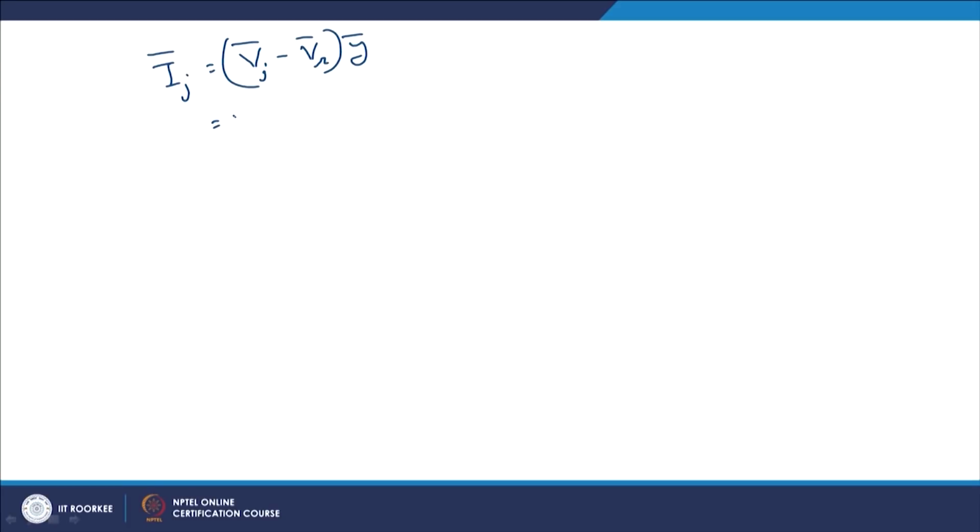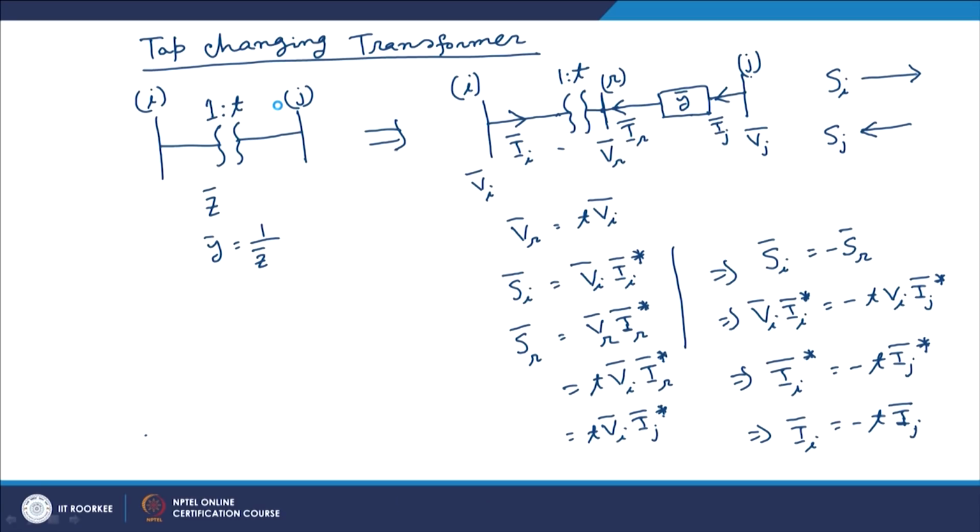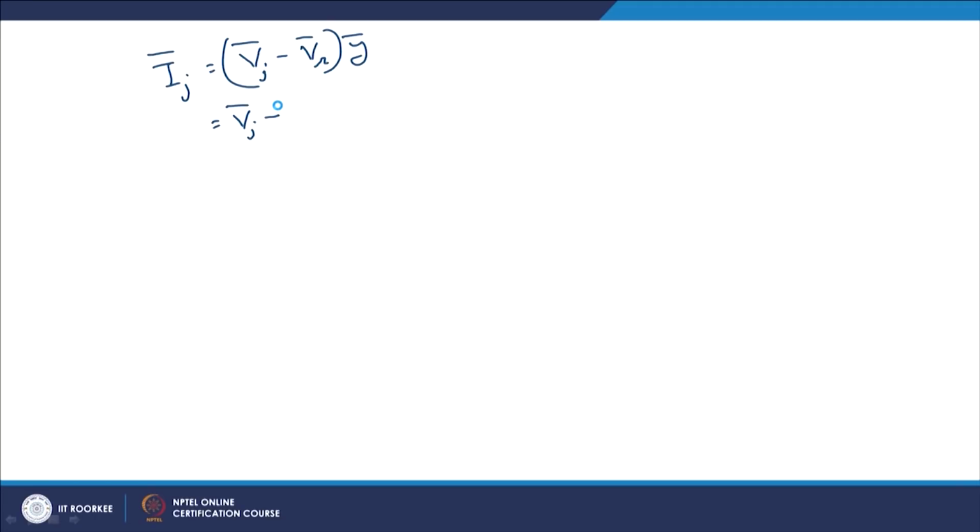So, this is Vj minus Vr, and we have already said that is TVi. So, TVi into Y. So, it is YVj minus YTVi. It is YVj. We add and subtract YTVj.